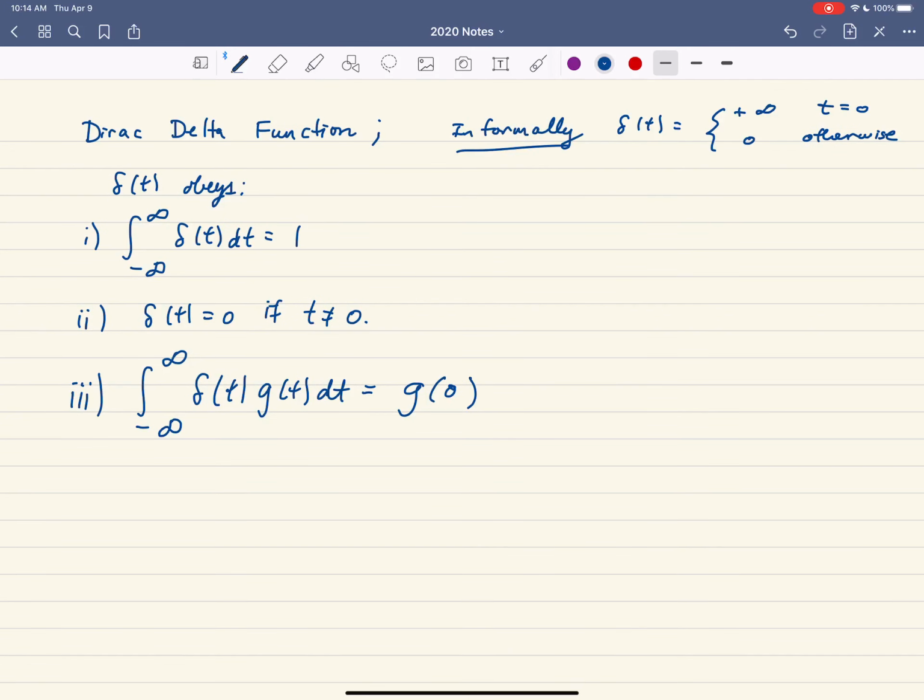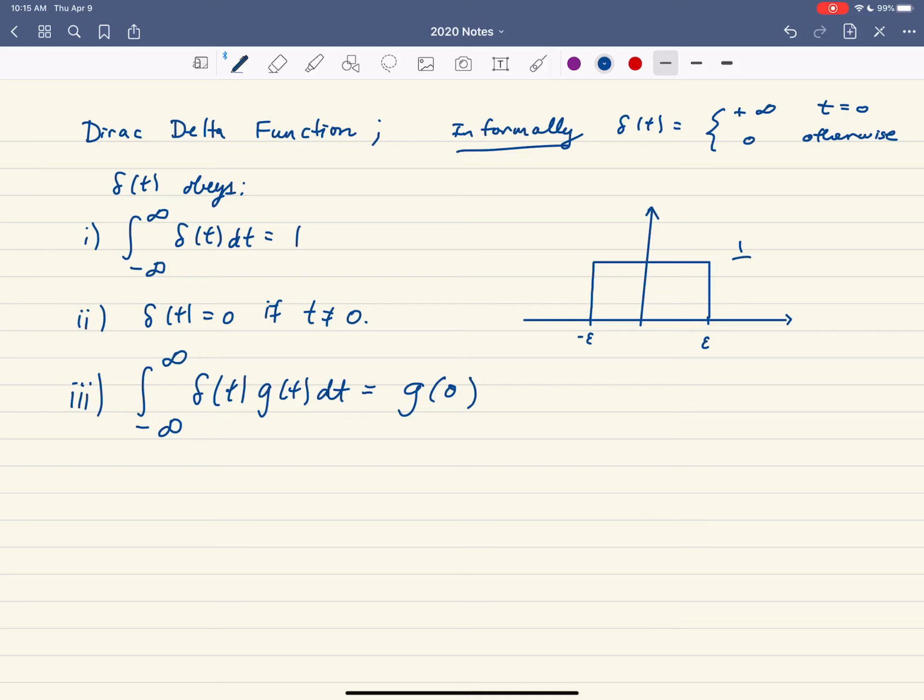The way I like to think about this function is, just to lay down a little intuition here, let's say I have some function that goes from negative epsilon to epsilon, and the height of this function is going to be whatever we need in order for this area to be 1.